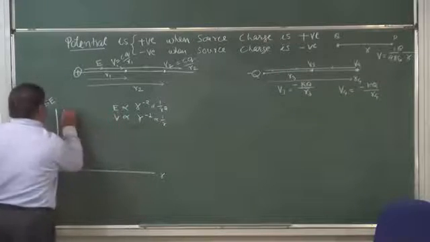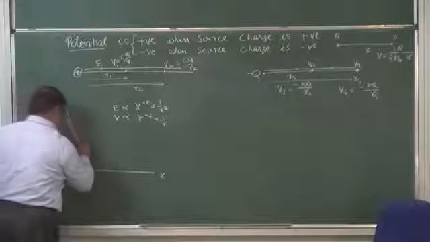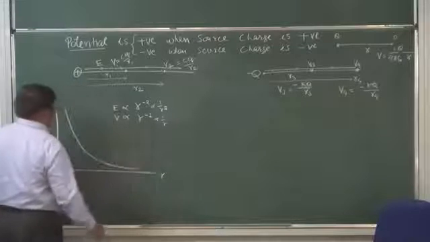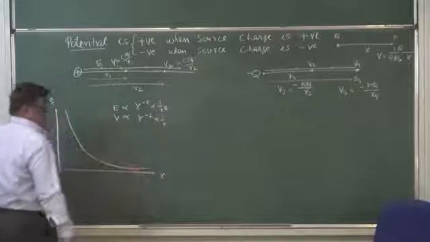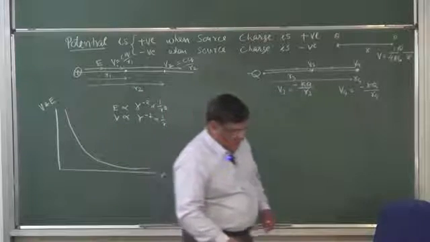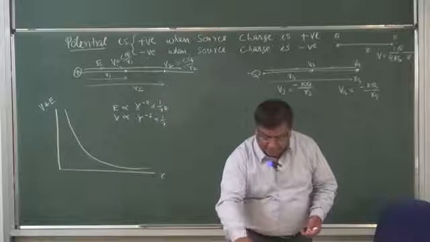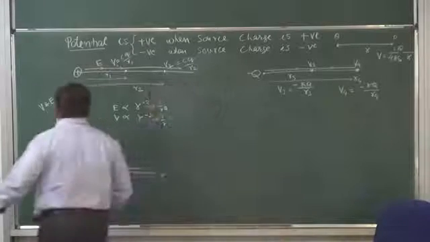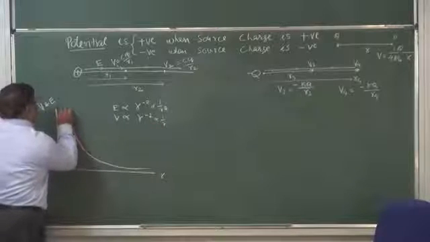So the graph of E will be something like this. And the graph of V, its slope will be less.